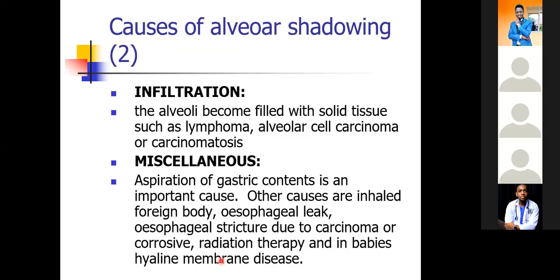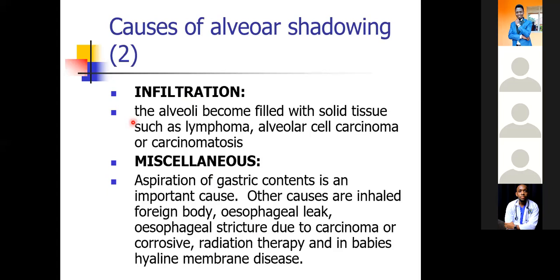Away from fluids, that space can also get filled with things which are not really fluid. For example, if that space is infiltrated by tumor cells, so it is filling up with solid tissue, as may happen with lymphoma or other kind of neoplastic situations.